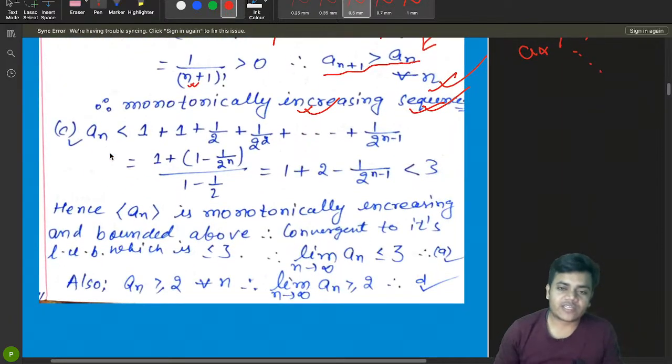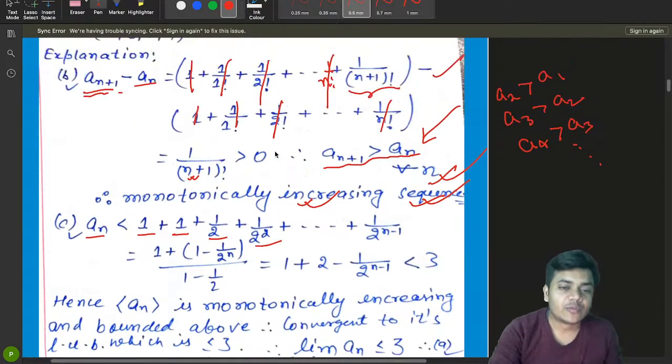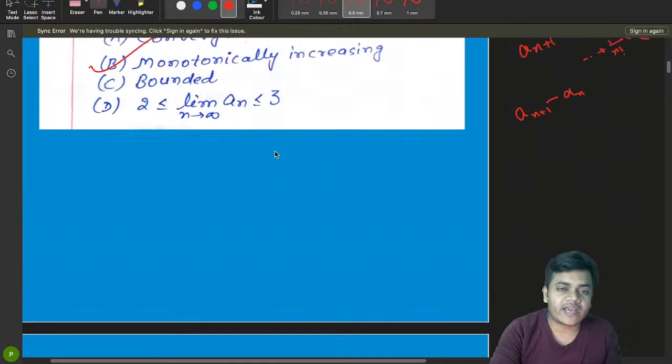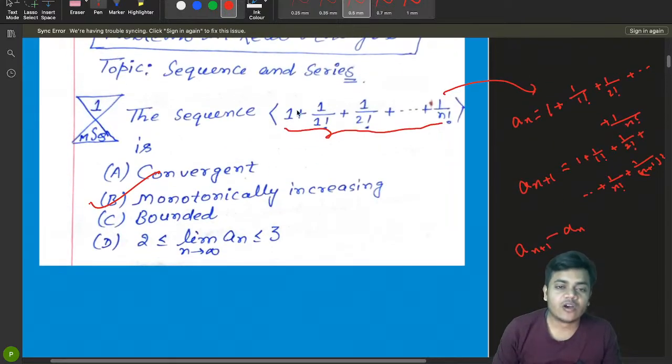And for that, what shall we do? We have written an is strictly less than 1 plus 1 plus 1 by 2 plus 1 by 2 squared. Why? Because what is our an actually? Our an is 1 by factorial 1 plus 1 by factorial 2, and after this there will be 1 by factorial 3, and factorial 3 is 3 into 2 which is 6. But in place of this 6, if we write 2 squared, then certainly 4 will be less than 6.